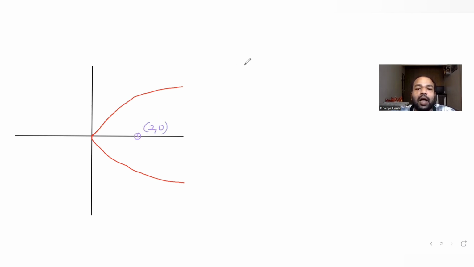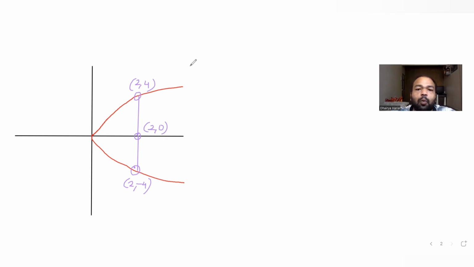Now if I draw the latus rectum, this is our latus rectum. Now we know this point is 2 comma 4, and this point is 2 comma minus 4, which are the endpoints of the latus rectum.